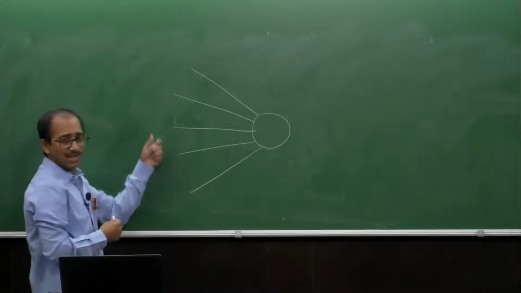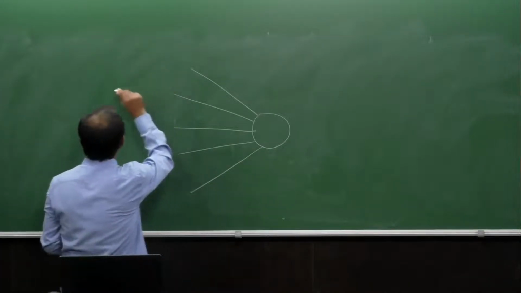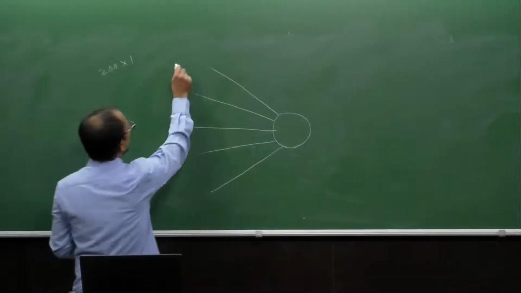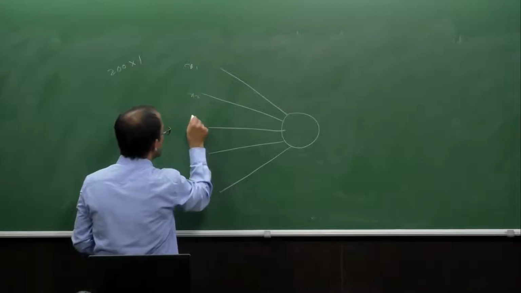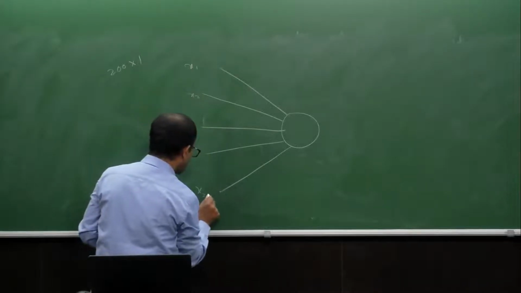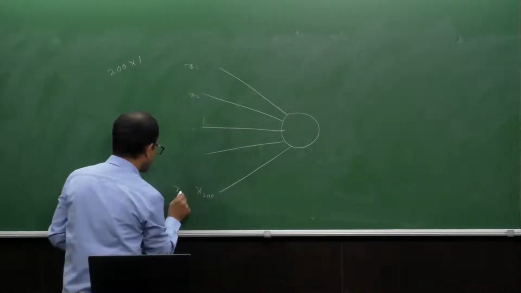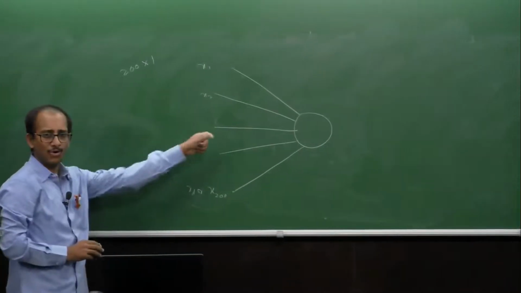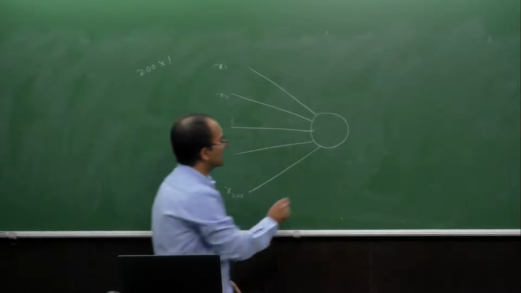These are all the features. Say I have a feature vector of 200 cross 1, as we discussed in the previous example. So I have x1, x2 and so on up to x200, or xd. We give this as the input to a neuron.